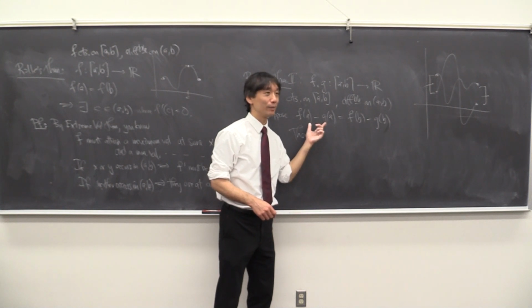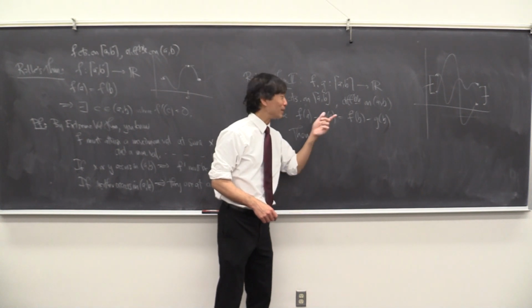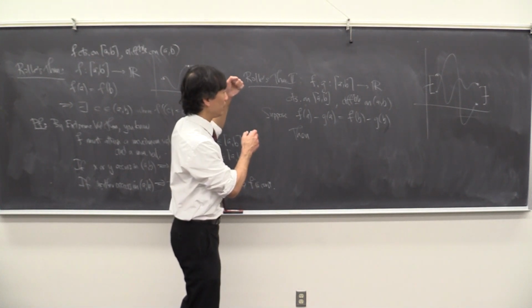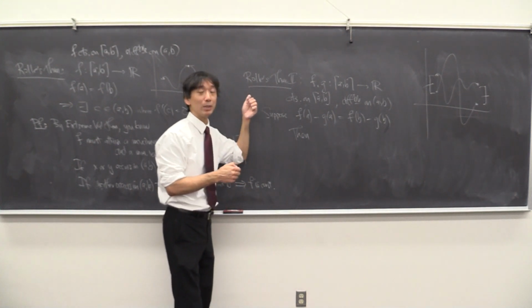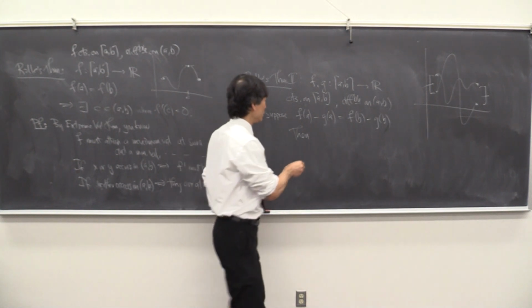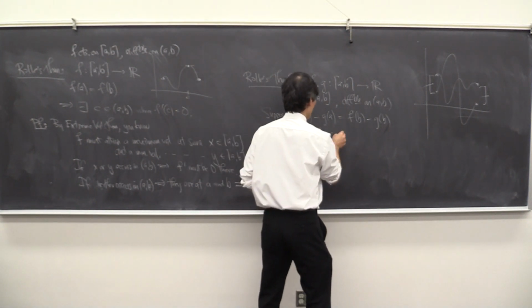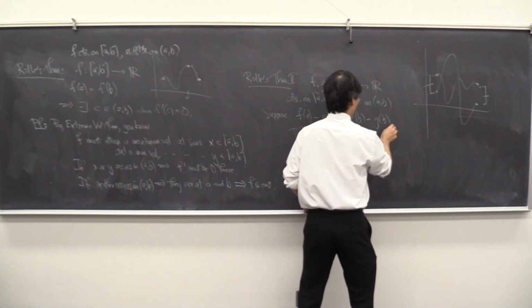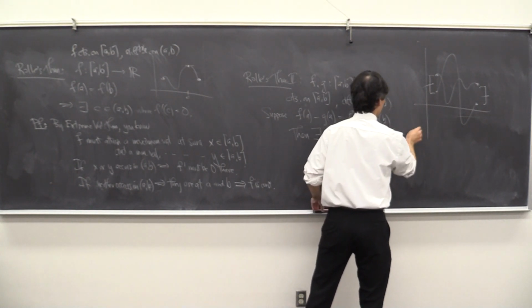Is there a point where the derivatives are both equal? Yes, exactly. There must be some place where they have the same speed. So there must be some c in (a, b) where their speeds are the same.